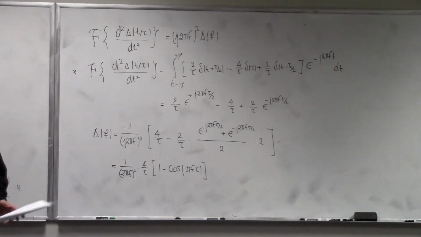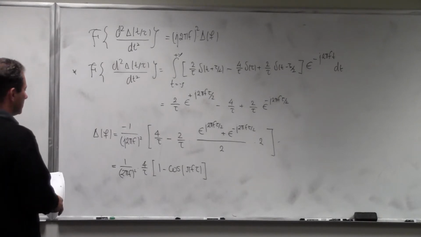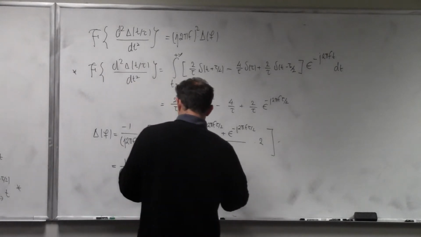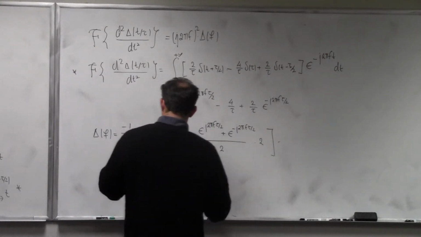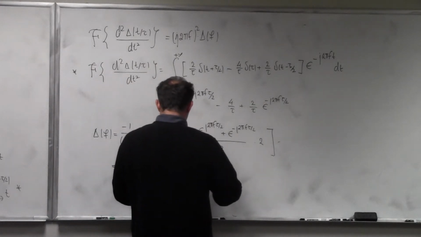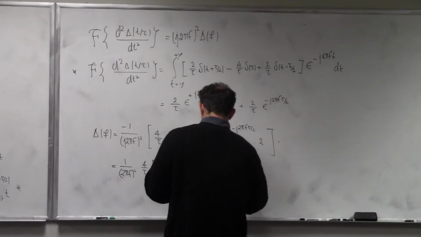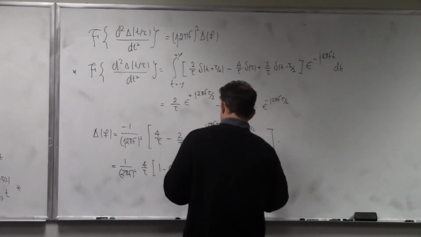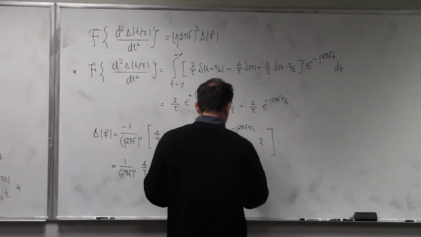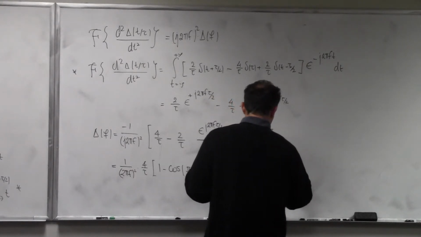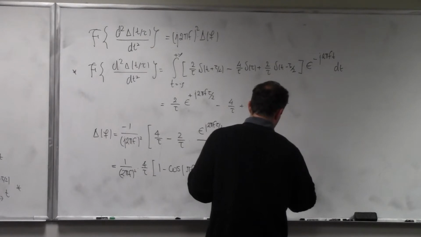So I can rewrite this yet one more time. Let's make sure that here this 4 and 4 will cancel, and I can write this as 1 over pi squared f squared times tau downstairs times sine squared pi f tau over 2.